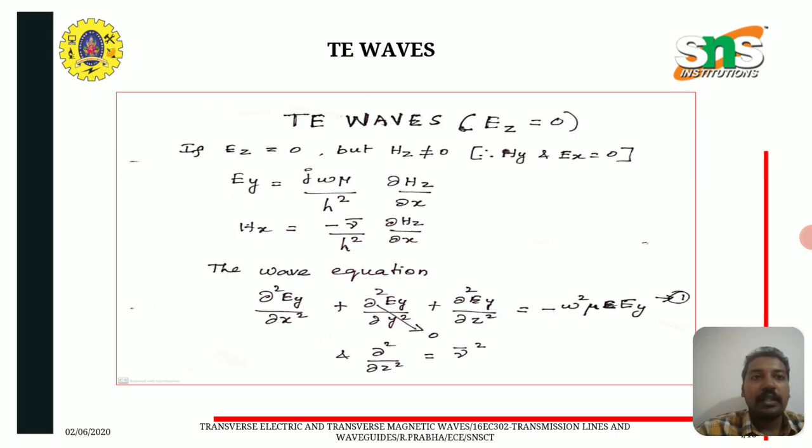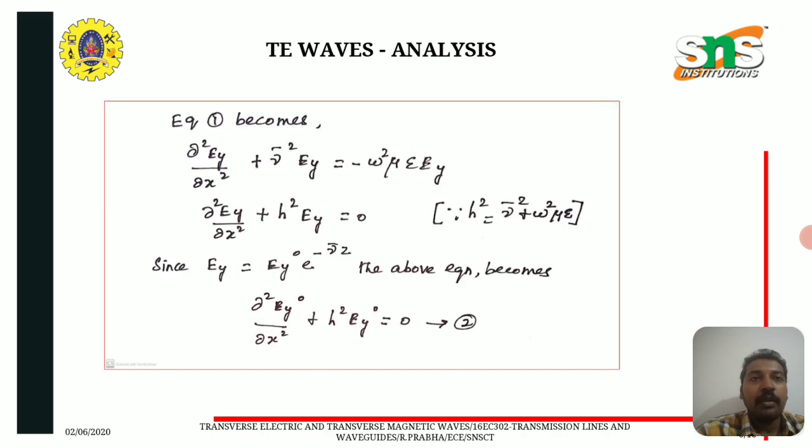The wave equation is simplified to dou square Ey by dou x square plus dou square Ey by dou z square equal to minus omega square mu epsilon Ey, and dou square by dou z square equal to gamma square. The first equation becomes dou square Ey by dou x square plus gamma square Ey equal to minus omega square mu epsilon Ey.